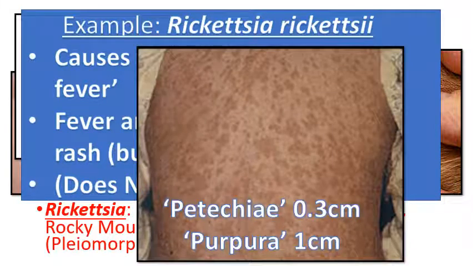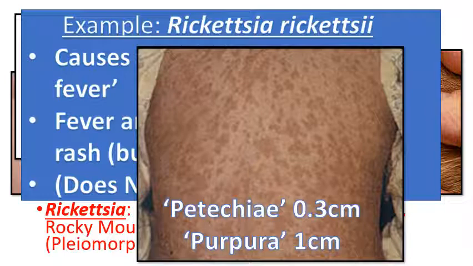Hence the name spotted fever. So you have a fever, so you feel hot, and you break out in these spots. The only difference between petechia and purpura is that petechia are small and purpura are large. So purpura are 1 centimeter in diameter. Petechia are a third of a centimeter.